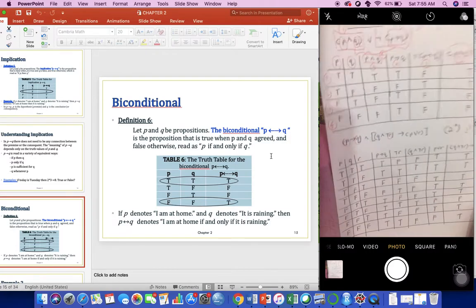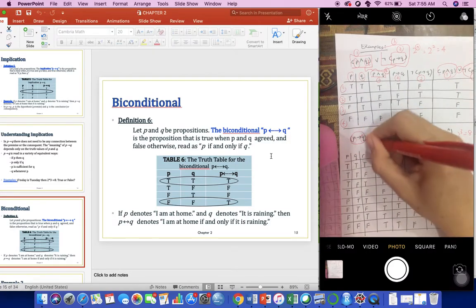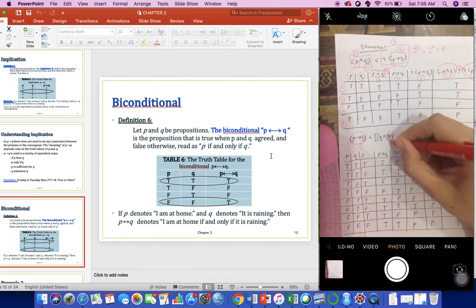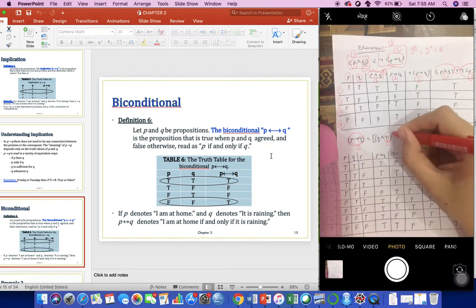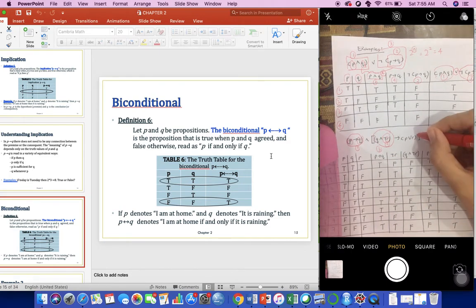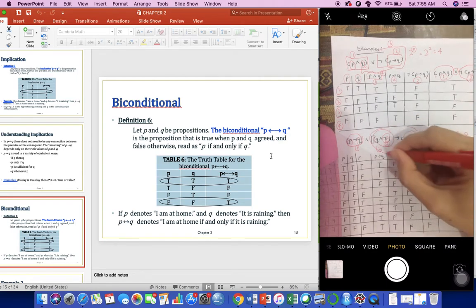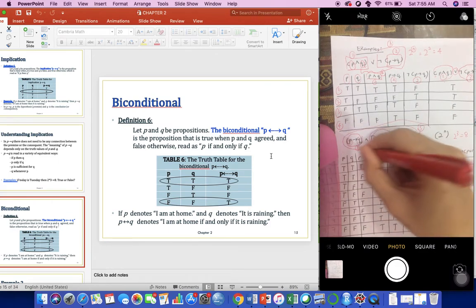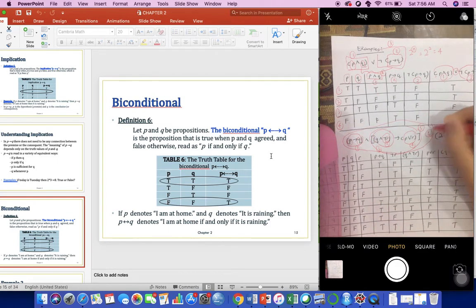So the first one, you need to do this one first. And then this one is for the second one. This one is for the third one. This one is for the fourth one. This one is for the fifth one. And the last one is for the sixth one.